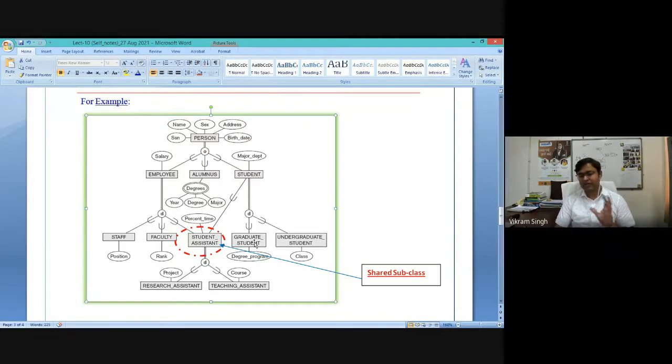One set could be graduate students, and the second could be undergraduate students, something like that. Now, further, if you see the student assistant subclass, it could be further specialized into two broad classes. One is research assistant, the other could be teaching assistant, right?